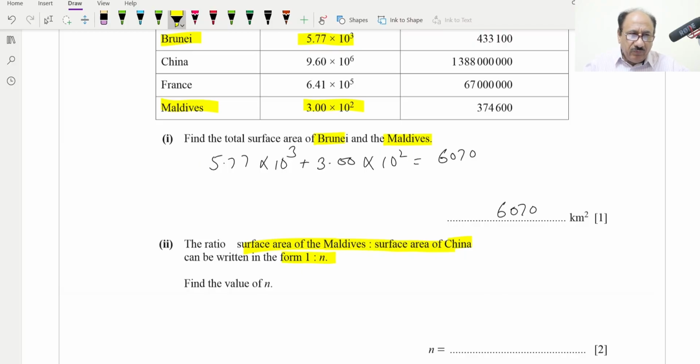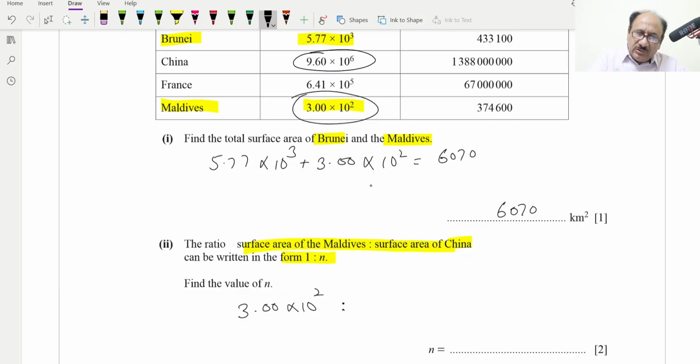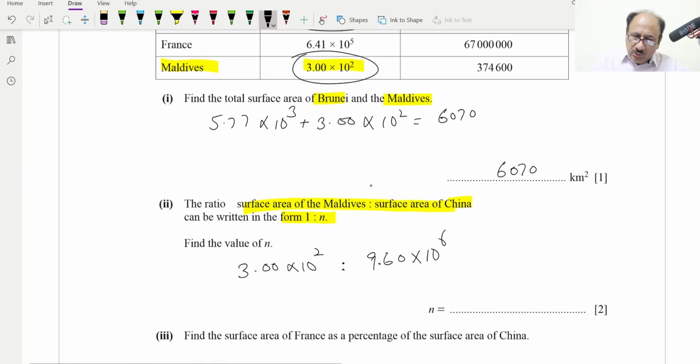So we can write the Maldives surface area, which is 3.00 × 10 raised to the power 2, and the surface area of China, which is 9.60 × 10 raised to the power 6, and we have to write this as 1 to n.